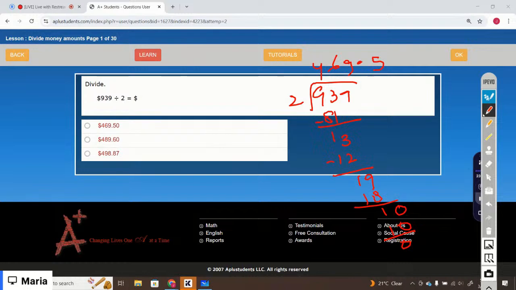So the correct option is option number 1, that is 469.5.